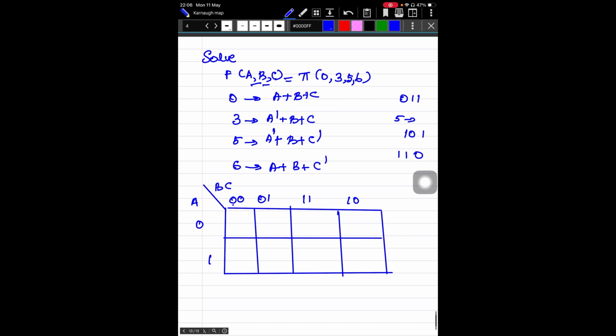I'll plot this as 0. And wherever I have a 3, I should plot that as 0, right? So, this is a 0. This is a 0. And 5. This is a 0. This is a 0, right? Now for the grouping part. How do I group?